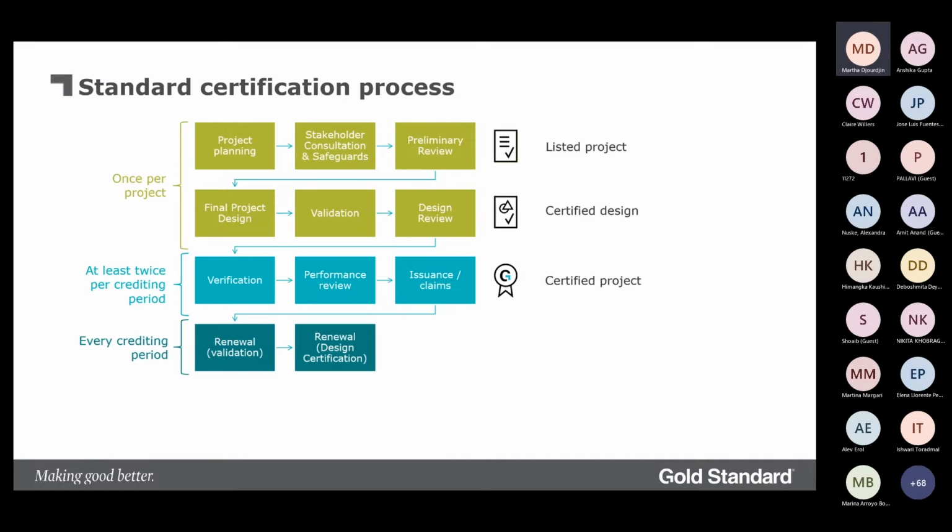After it's listed, the project developer can create the final project design, go through validation and design review, at which point the project obtains a certified design, or design certification. And that happens once per project in the very beginning.